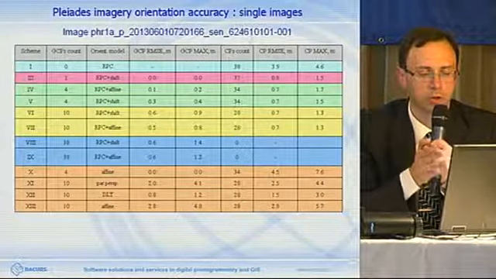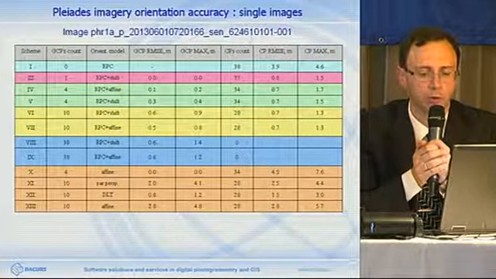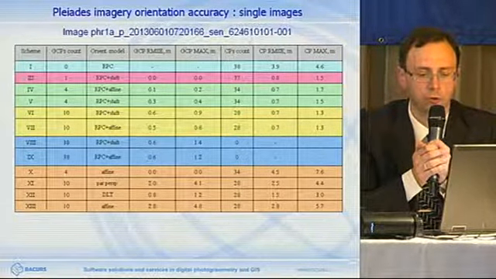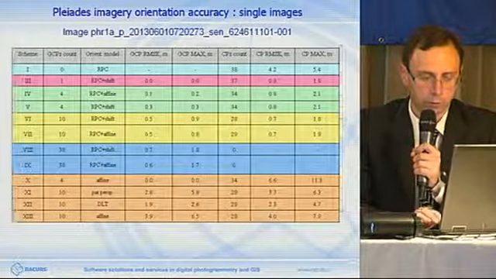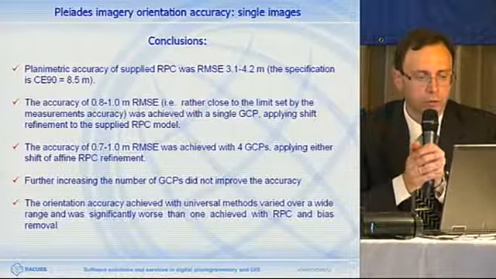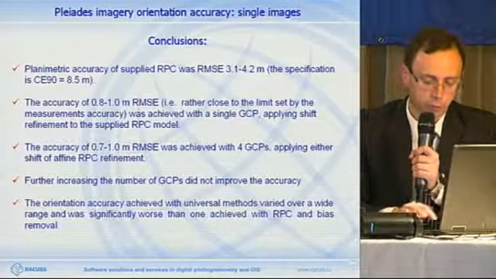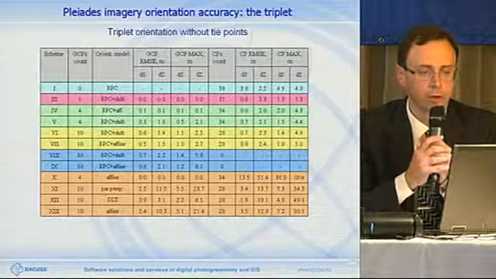And as far as the universal methods of the last group are concerned, they provide quite typical results, some a bit worse than RPC. This is yet another standalone image, with similar results, and these are the conclusions that I've voiced already. Let's not waste more time on them.